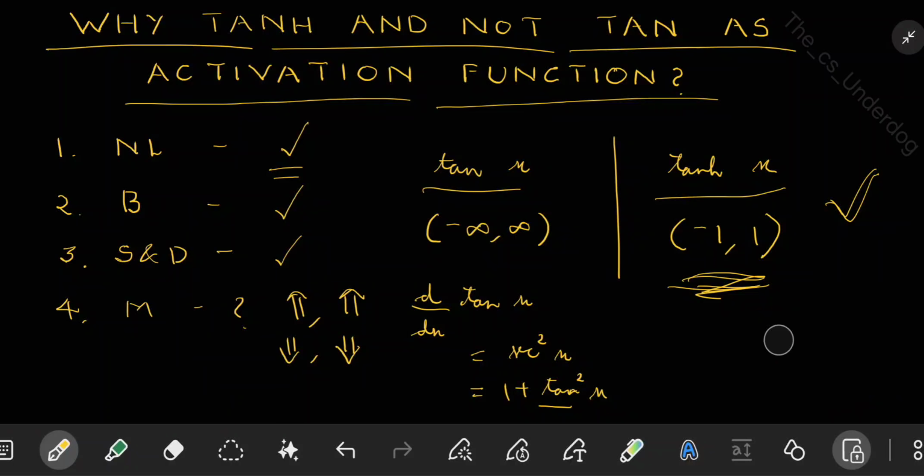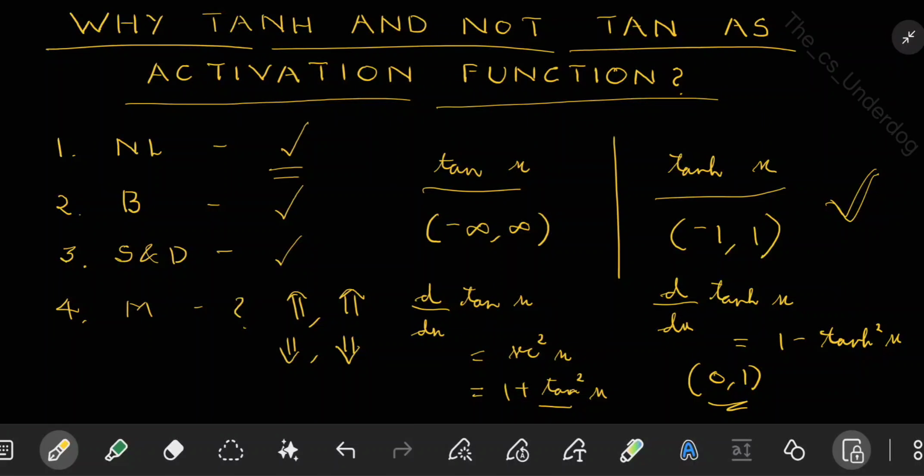But what if you take tanh x? We already did this derivation in the last lecture: if you take d by dx of tanh x, you will get 1 minus tanh square x. And what did we learn about this? We had seen that this gradient is always between 0 and 1. Why is this?